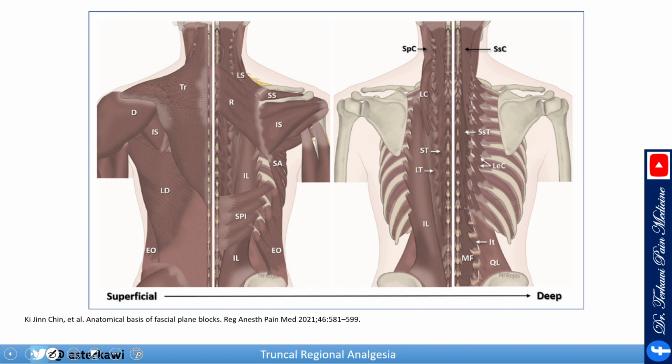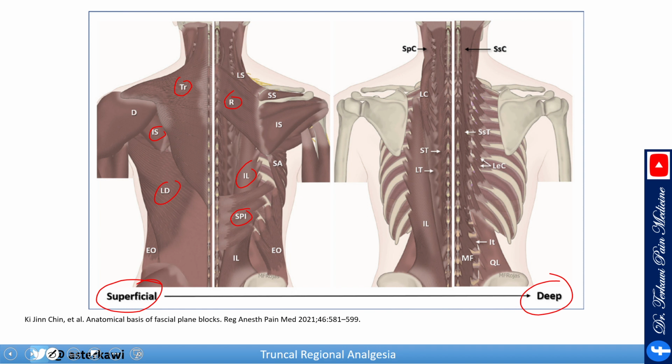So looking from superficial to deep, trapezius muscle here, rhomboid muscle here, and inferior infraspinatus muscle here, latissimus dorsi here, iliocostalis muscle, and this is the serratus posterior inferior.